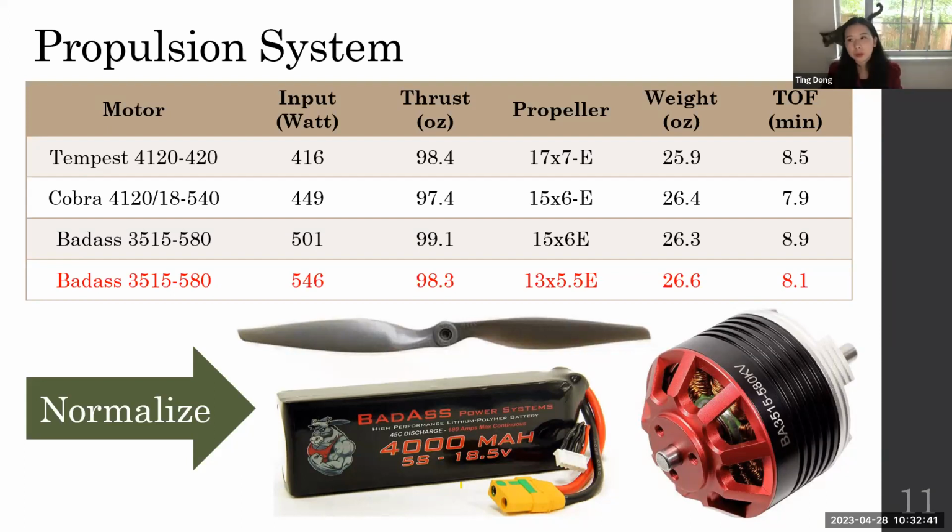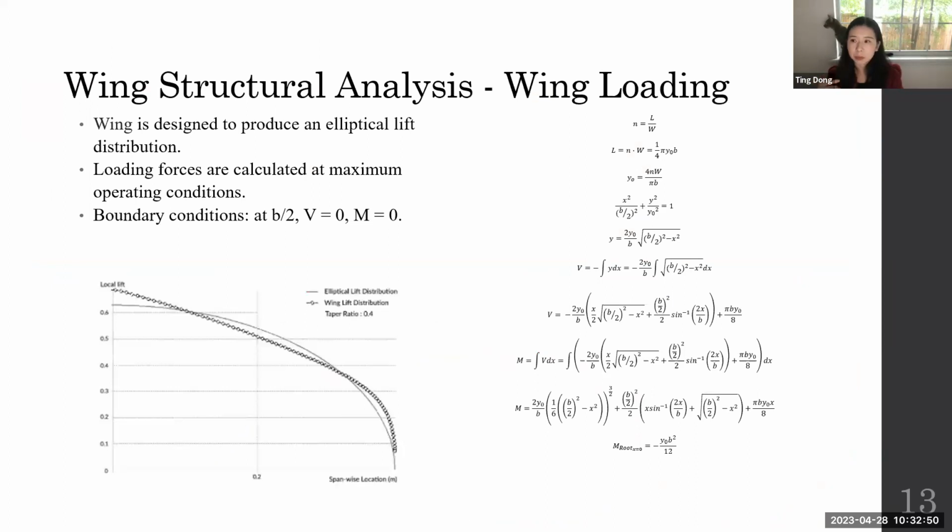Most of the time when we do the structure analysis, we say, okay, this is our design, this is the loading condition in the extreme condition, and the wing is already designed at the airfoil, with everything dimension-wise based on the aerodynamic performance. So those things we consider do not change.